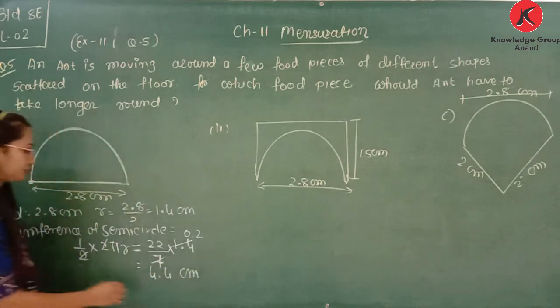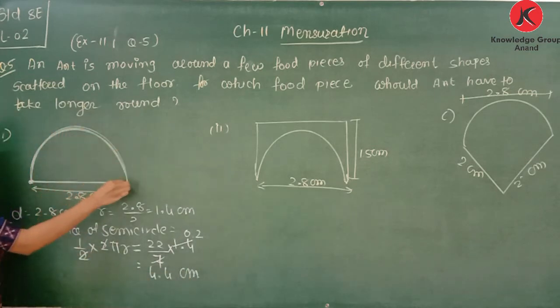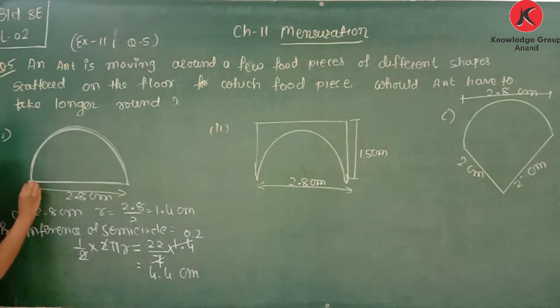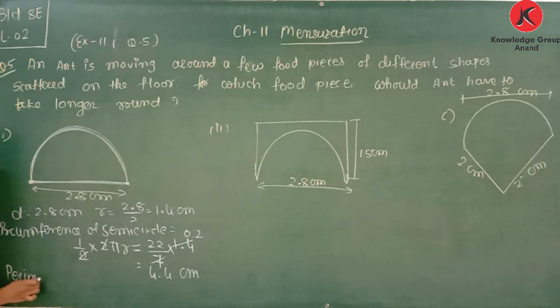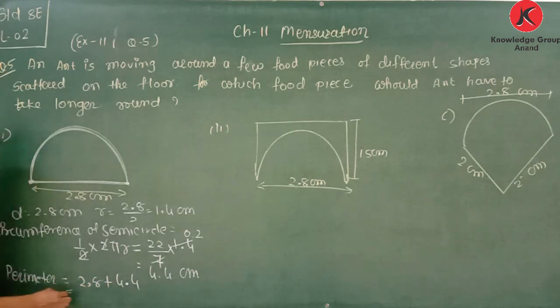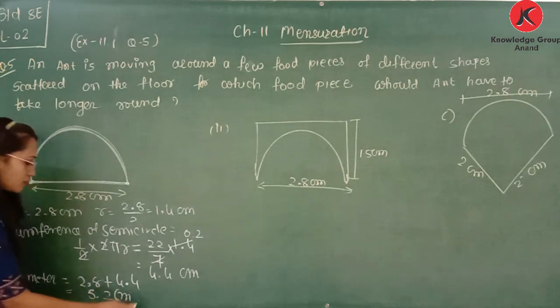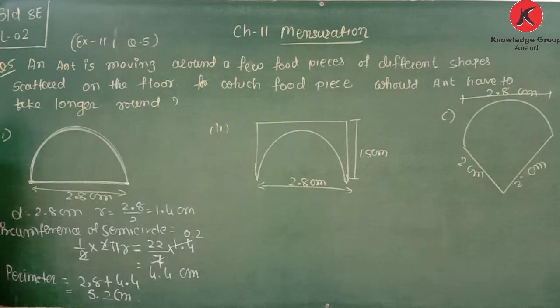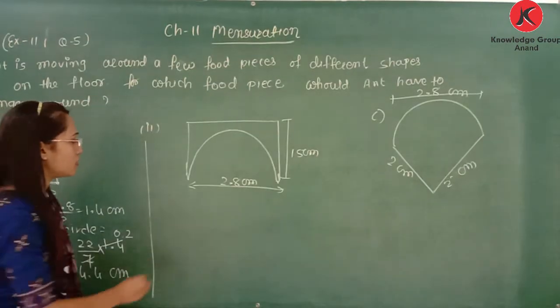That is the length of this curve. Now we also need to add this length, because from this point it comes back to the origin. So the perimeter will be 2.8 plus 4.4, that is 7.2 centimeter. Clear?